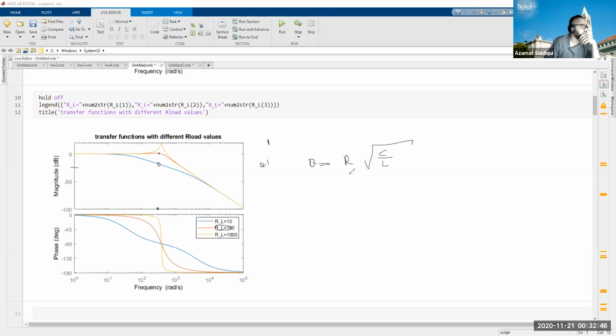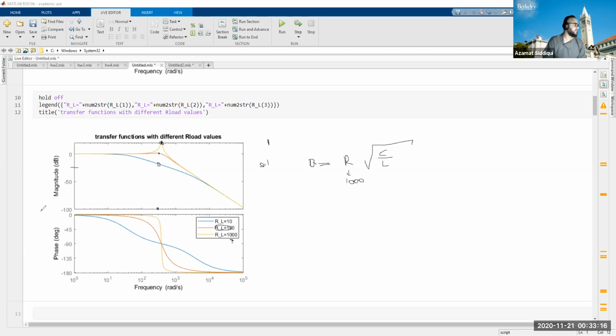When you put R as 1000, then you should see a factor of 10 from 100 to 1000, which is another 20 dB. So this should be the value for R equal to 1000, which is as shown right here, and that is going to be around positive 20 dB.